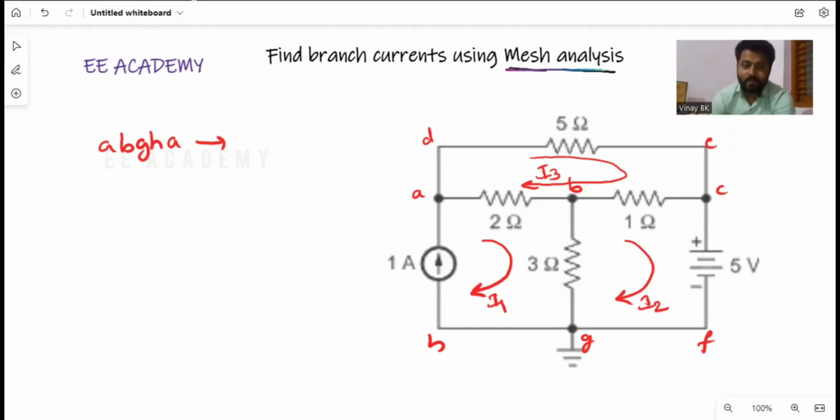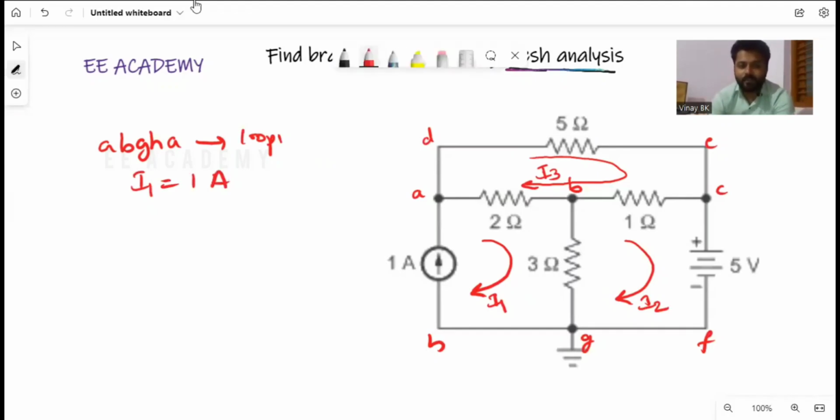I1 is flowing. So without doubt, I'll write here in the loop A, B, G, H, A, in loop 1, I1 is flowing. That is 1 ampere of current flowing. So the I1 value is 1 ampere.